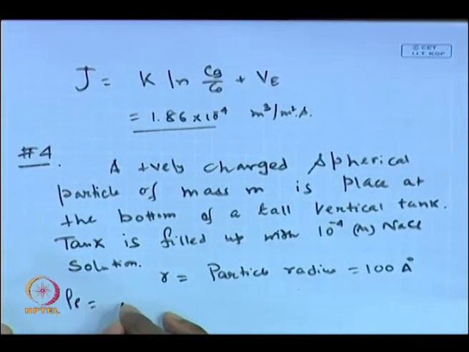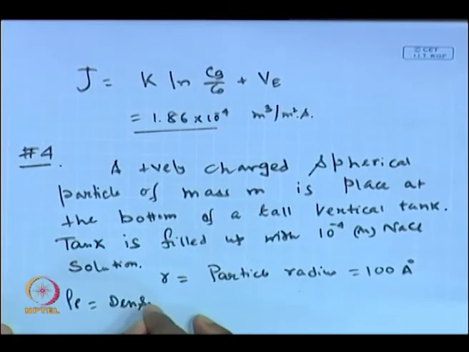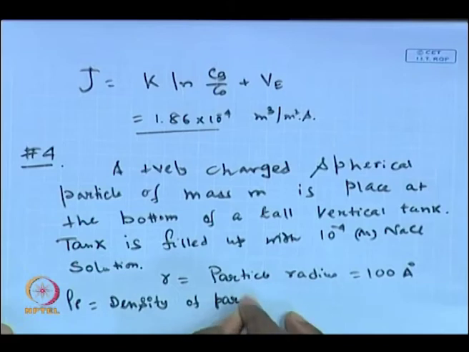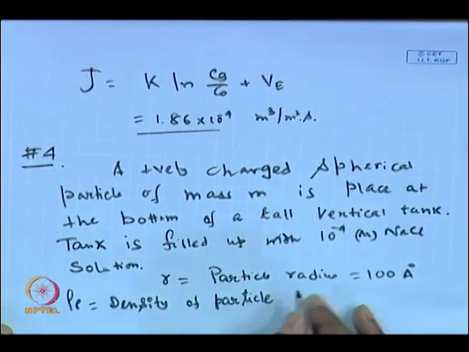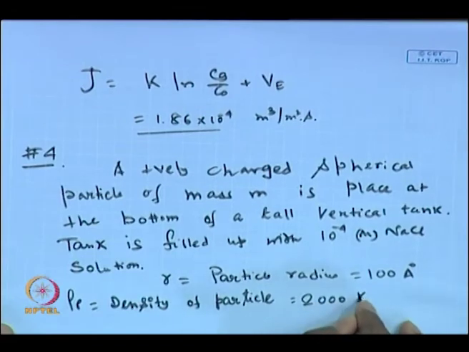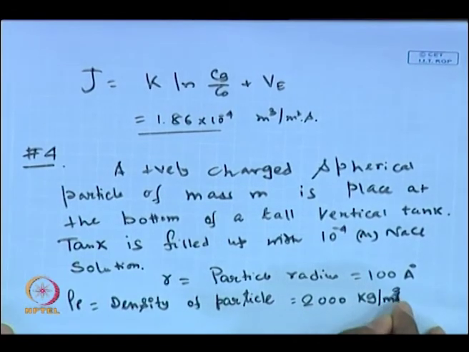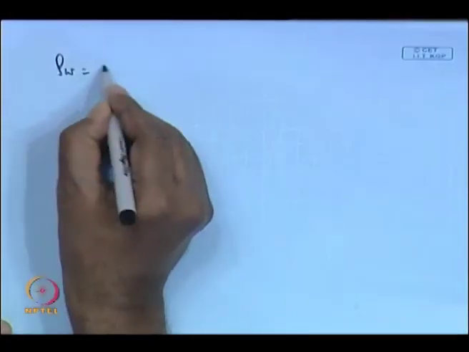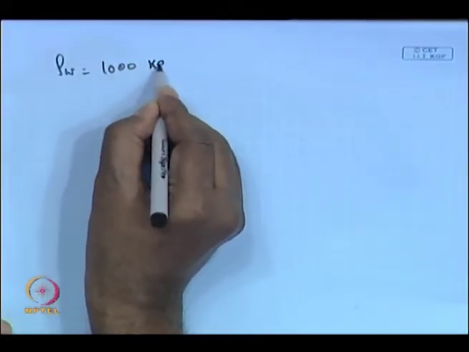The density of the particle is given as 2000 kg per meter cube, and let us take the water density as 1000 kg per meter cube.